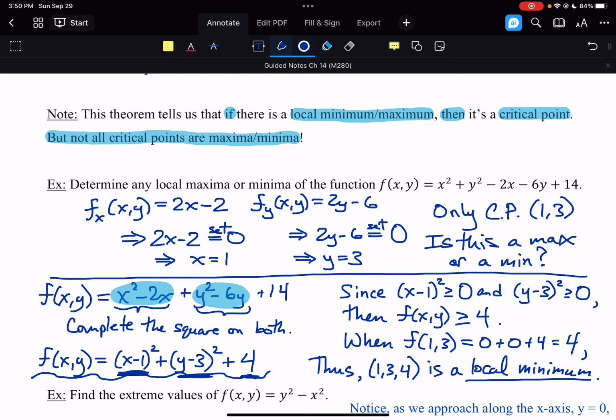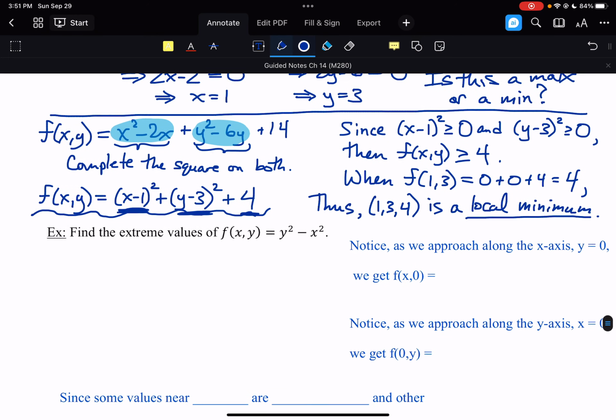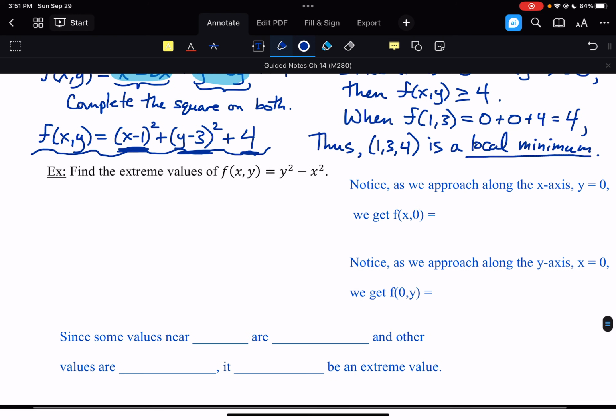Now, let's take a look at one that's a little bit different. And I've got some stuff written here ahead of time, but you can kind of fill those in as we go here. Find the extreme values of this function. f of (x, y) is y squared minus x squared.